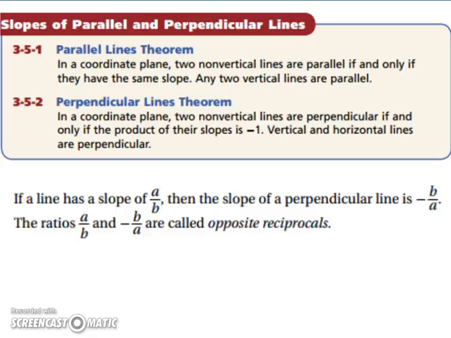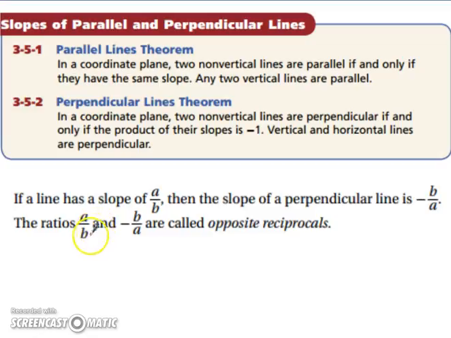Well, to get the product of -1, you would multiply by the opposite reciprocal. So think of it like A over B, and the opposite of positive A over B would be negative, and then you need your reciprocal. So flip it, B over A. So opposite, if it was negative, it's now positive.